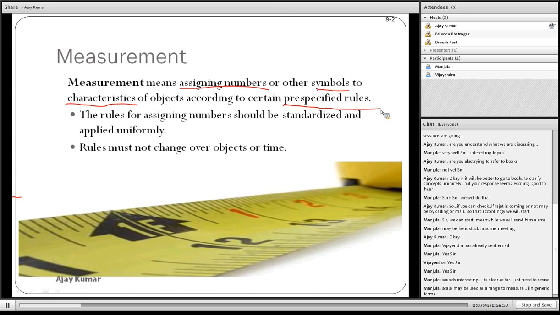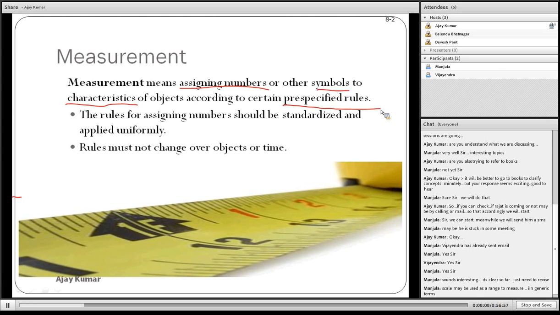So there have to be rules which say how to measure it. You can also take 10 as the best and 1 as the worst. So you have to first define rules according to which you are going to assign numbers to a characteristic of any object or individual. That is what we call measurement.